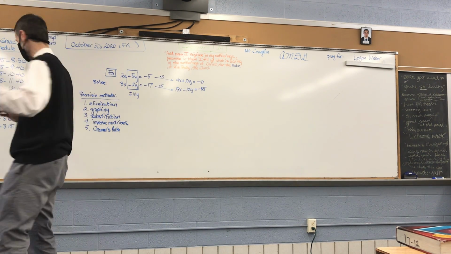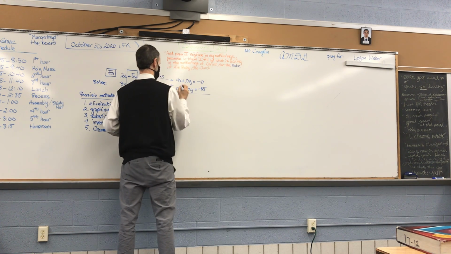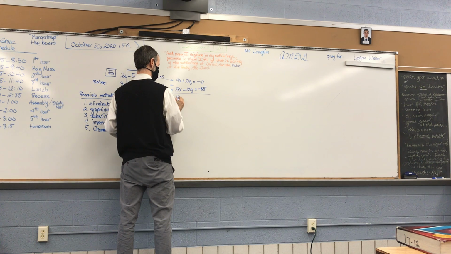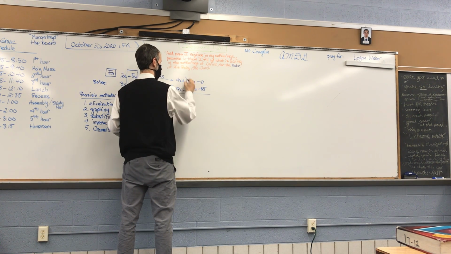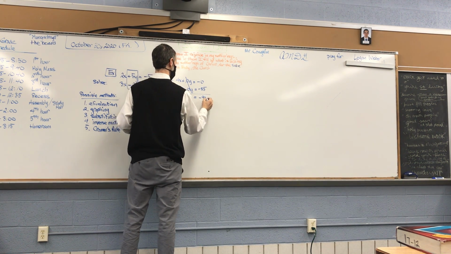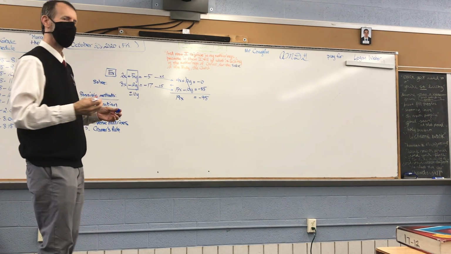Courtney, take over. We're gonna add them together. What happens? We're gonna get 19x, the Y's cancel, equals -95. Two negatives add up to be a bigger negative. Does that go in evenly?